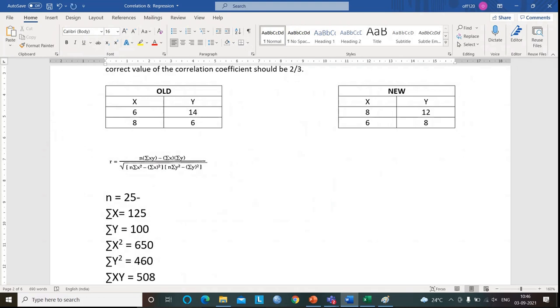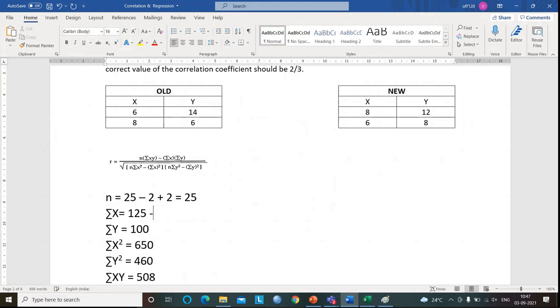So I am subtracting two pairs over here, and at the same time I am going to add two new pairs of observations. So the number of pairs of observations will again be 25 only. Why? Because 25 minus 2 plus 2 gets cancelled.